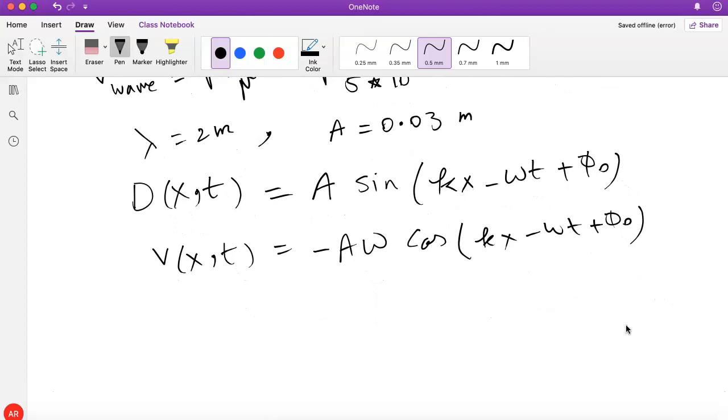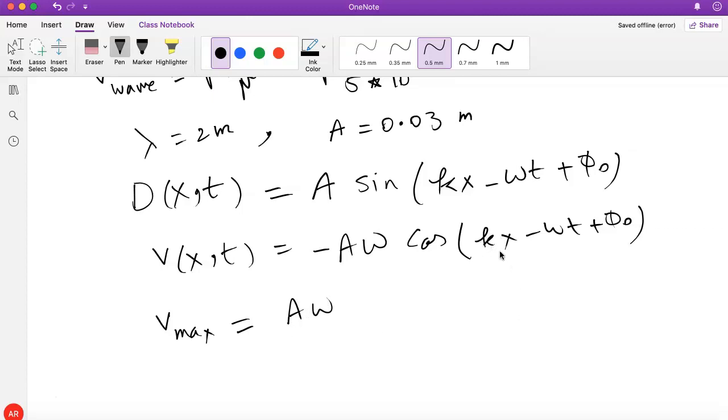Okay, so as time goes on, and this we can be at any distance, but as time goes on, this cosine experiences all different phases, so it will be fluctuating between -1 and 1. So the maximum speed is when the cosine is either +1 or -1. So it's going to be again A omega, right? We saw this also for a simple harmonic oscillator. It's basically the same thing, right?